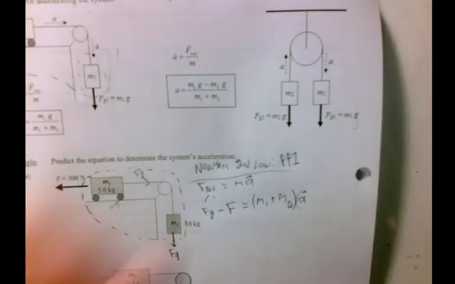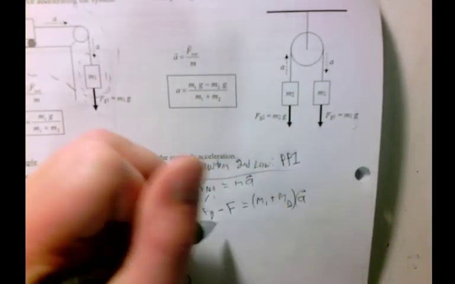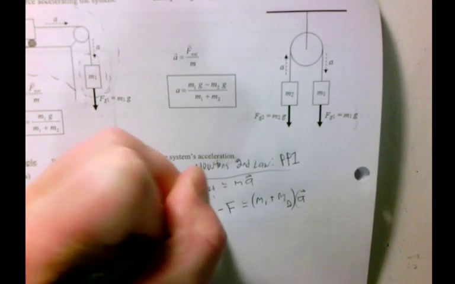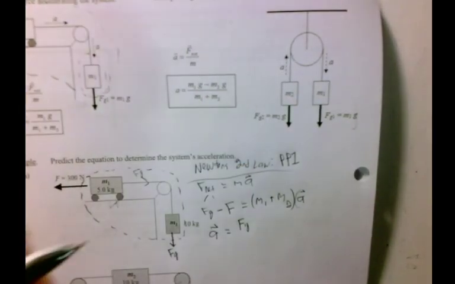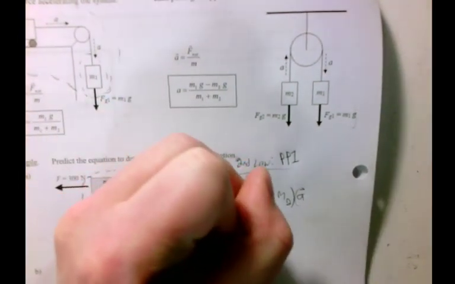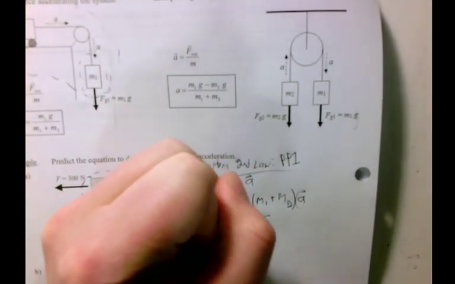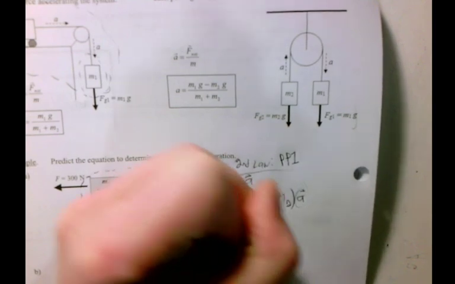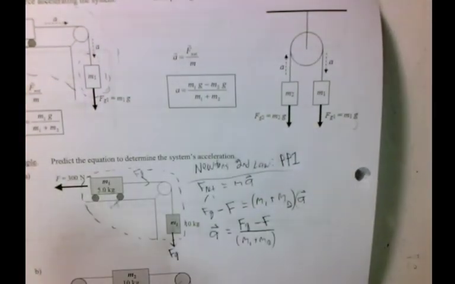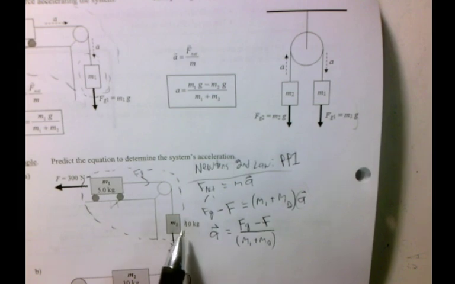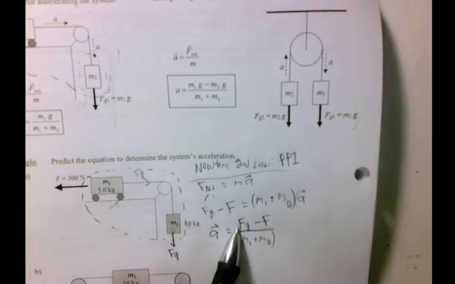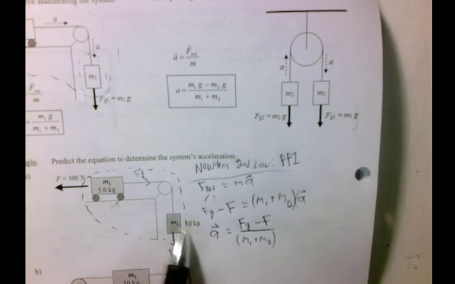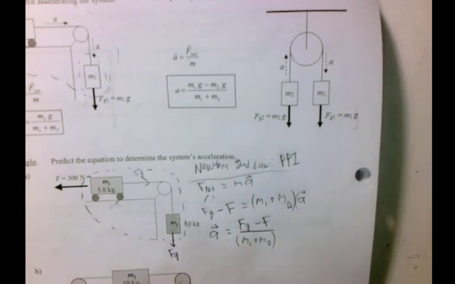And the question wants us to determine an equation for the acceleration, so I just divide both sides by m1 plus m2 and I'd get the acceleration is equal to Fg minus F over m1 plus m2. Right, and we could take this a step farther. We know the mass here is m2, 10 kilograms. Mass 1 is 5 kilograms.